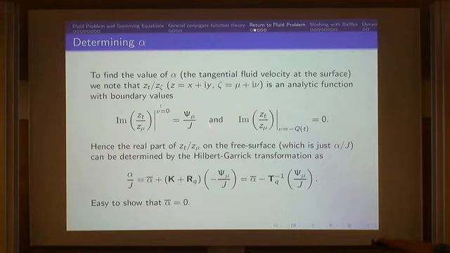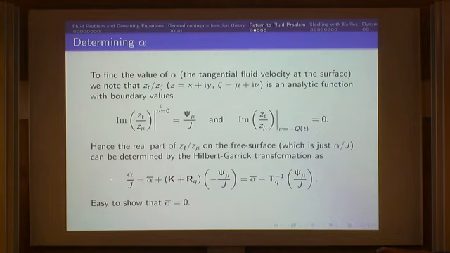If you do this calculation and look at the real part, the real part is just alpha over j. So if I use this Hilbert-Garrett transformation on these two functions and look at the real part on the free surface, then I get a form for this alpha over j.